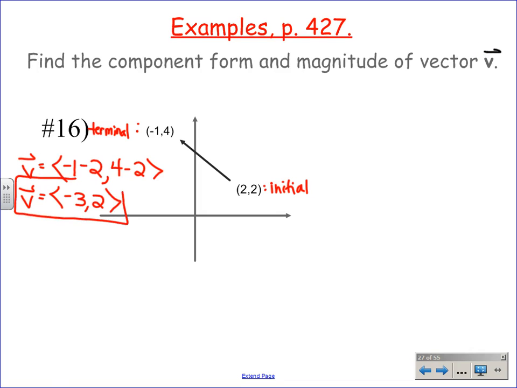But what does that mean in context of the picture? What's negative 3? Nope. Kind of. What's negative 3 specifically?